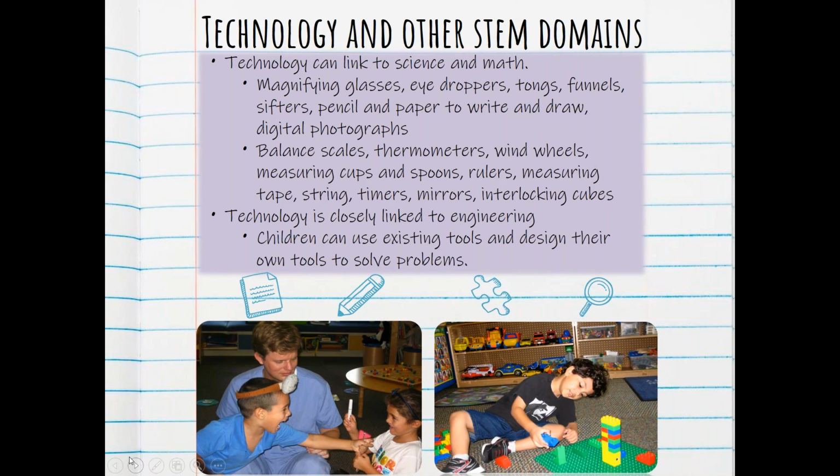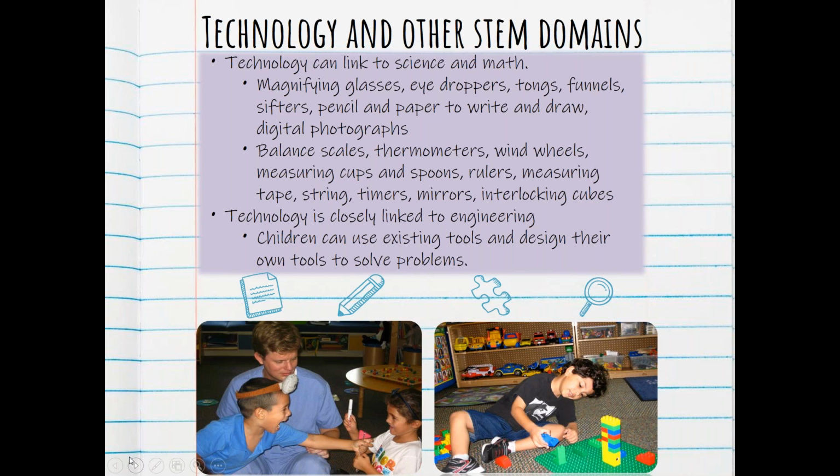Technology can link to science and math. Now, we've already talked a little bit about science, and we're going to be speaking on math later in the presentation, but some of the items that are tools for technology sometimes are seen in your science and math areas, so there's some overlap. These are magnifying glasses, eyedroppers, tongs, funnels, sifters, pencils, and paper to write and draw.